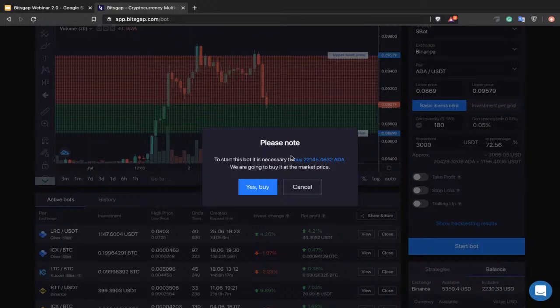in case I don't have Cardano on my balance right now to execute this bot, it will suggest I buy Cardano, and it will also define the required amount for the purchase, and it will recommend I buy it at the current market price, just to save my time.